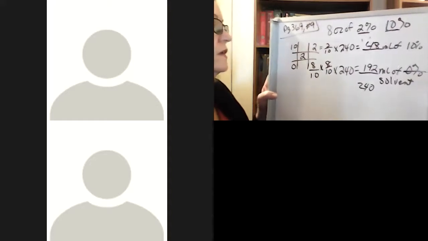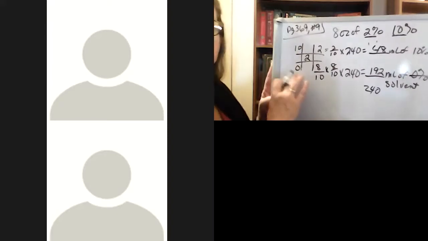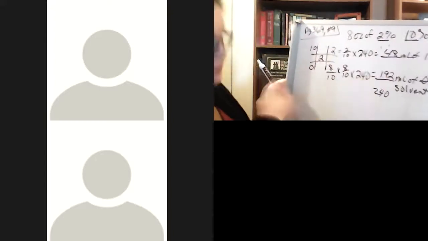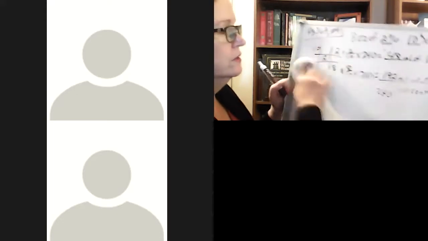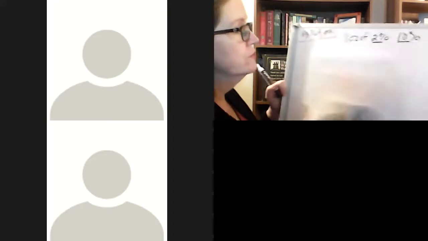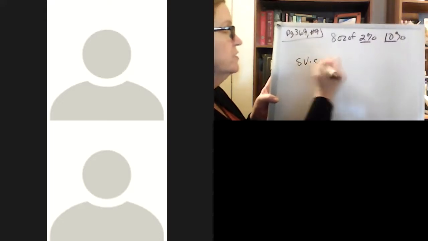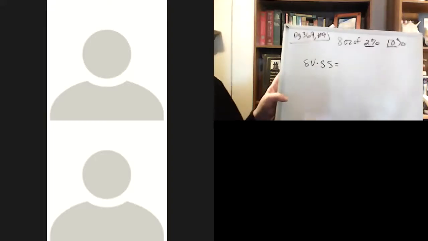So very good. Okay, now the other way you can do this, here's how we do this with a 0% there. So you know you can use your tic-tac-toe for these dilution problems as well. And it tells you how much solvent if you do the tic-tac-toe one. Okay, but now if you're going to use that dilution formula, you have your stock volume times stock strength equals, what are they calling the final volume again?